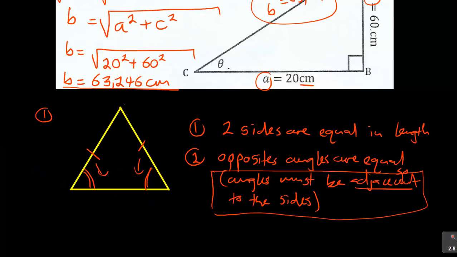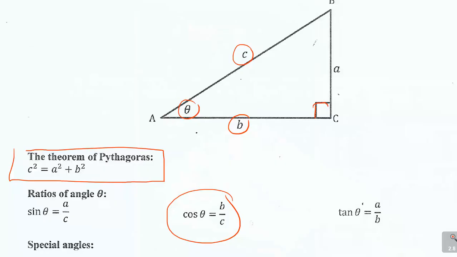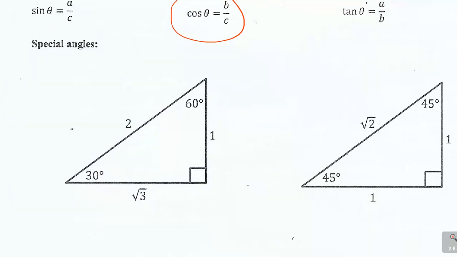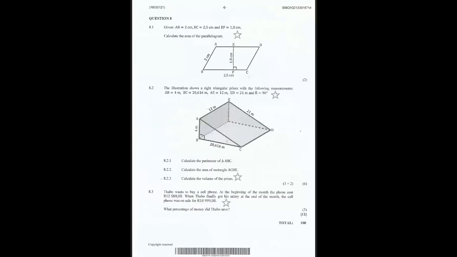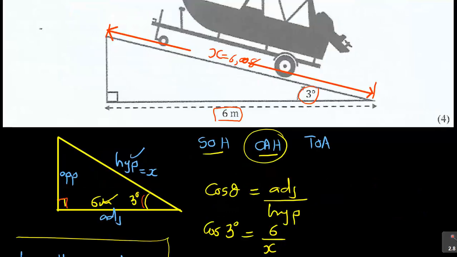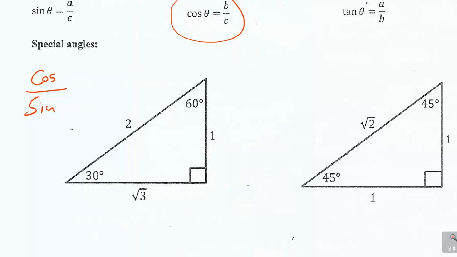Instead of working it here, let me work it from the formulas, because the special angles are also in the formulas. Look at these special angles. The question was cos 30 over sine 60. Alright, so these are the special angles. If they say cos 30, this one, ignore it for now.